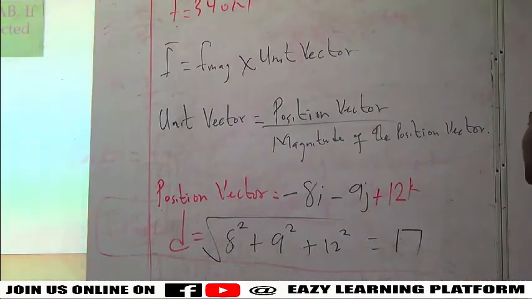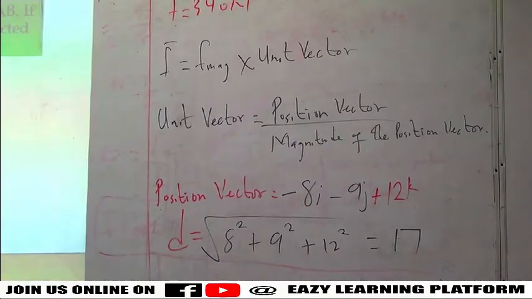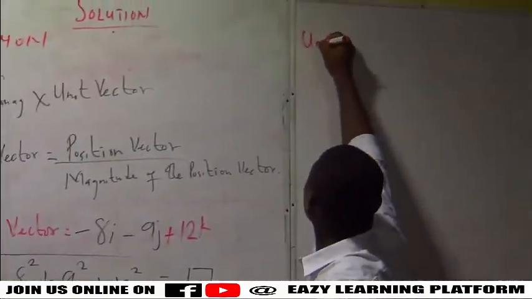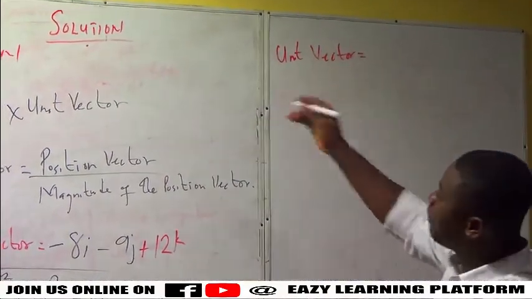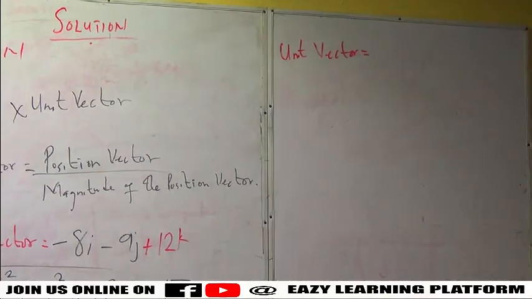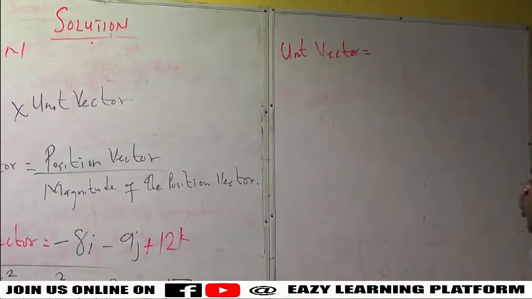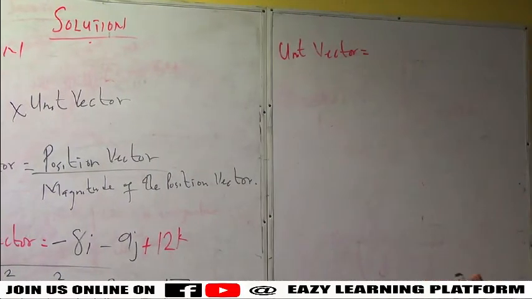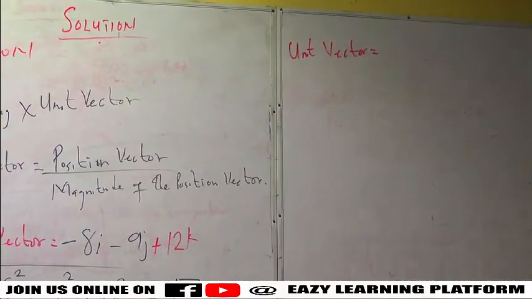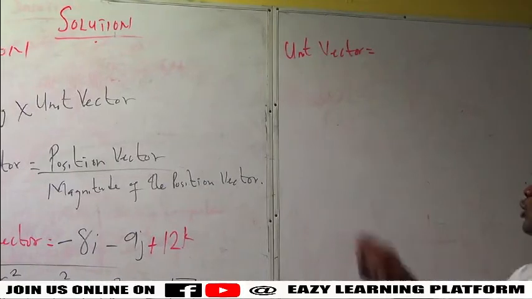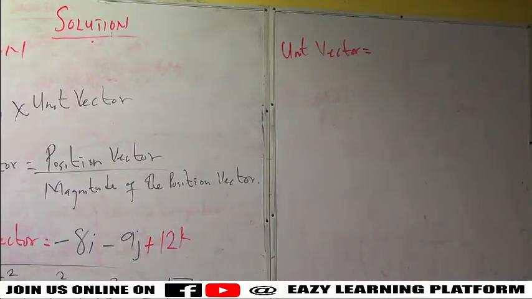So how would you find the unit vector? So your unit vector will now be the position vector over the magnitude we just found. So we just go to what? Substitute. We're going to do substitution and put those obtained values into the equation.